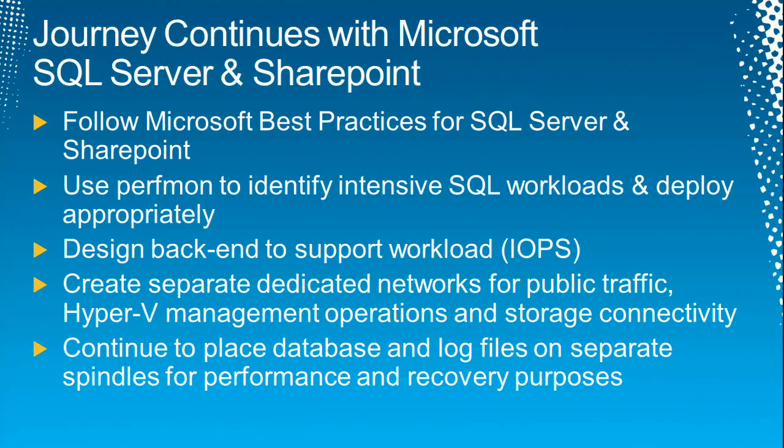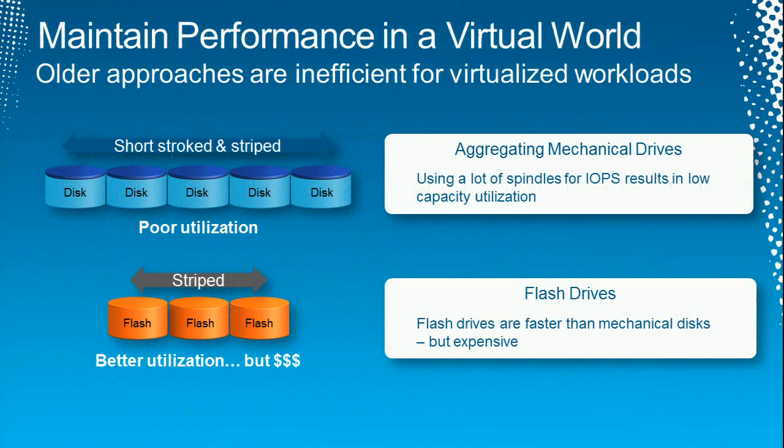Make sure you're creating separate networks for public traffic, Hyper-V management, and storage connectivity, and continuing to follow things like placing database and logs on separate spindles for optimal performance. Now, in the old world of designing disks on a storage, Exchange is a great example of this. With Exchange, we would always end up using a lot of spindles for I/O.